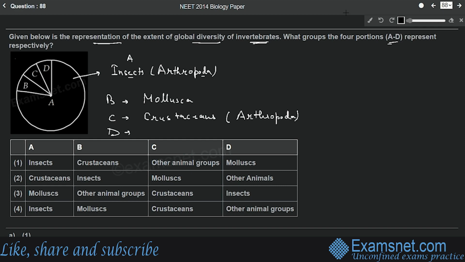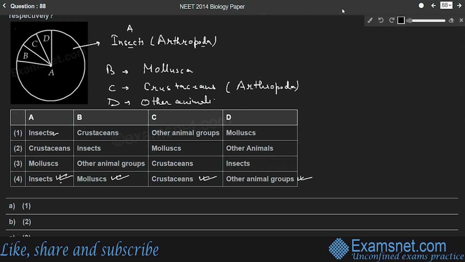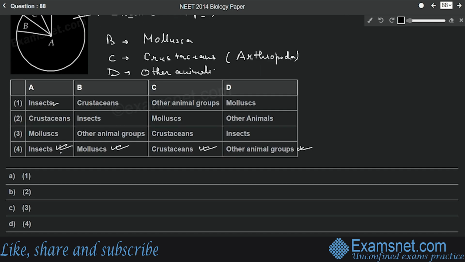Then D has other animal groups. So according to this, the correct match will be the fourth one: A insects, B mollusks, C crustaceans, and D other animal groups. So the fourth one is the correct match. That means option D will be the correct answer.